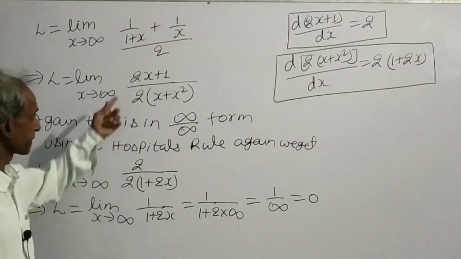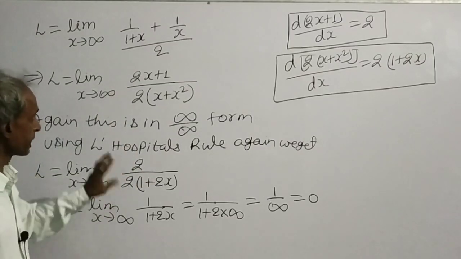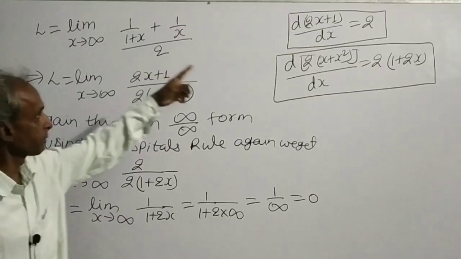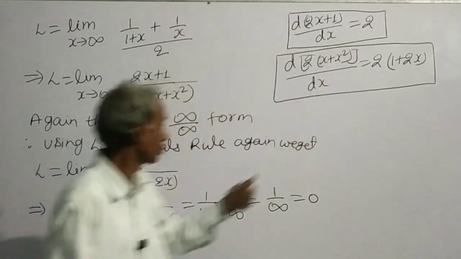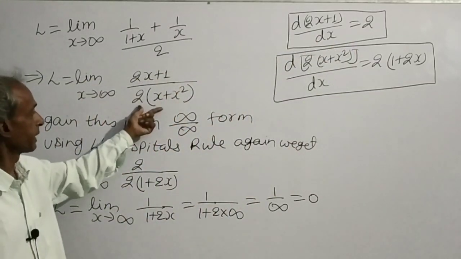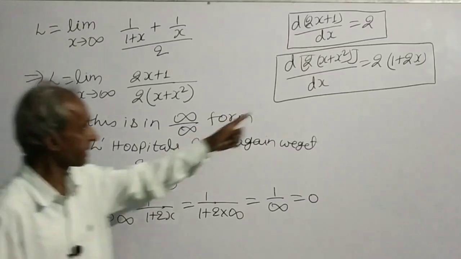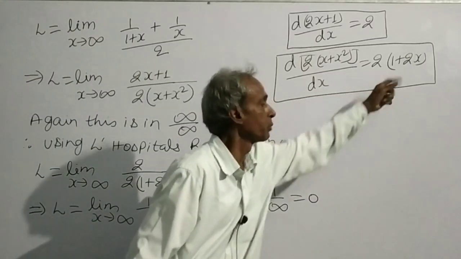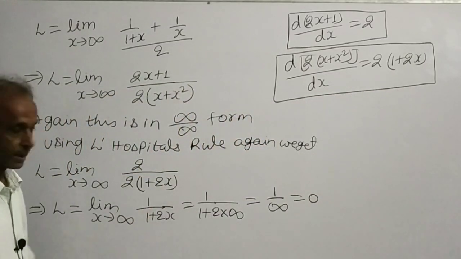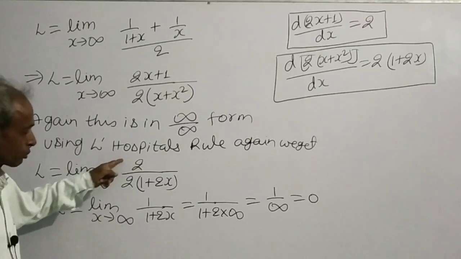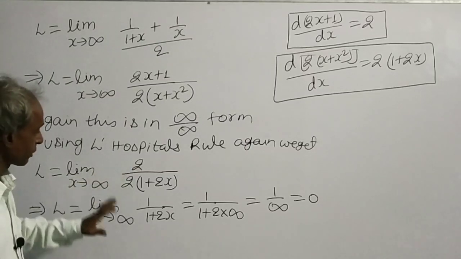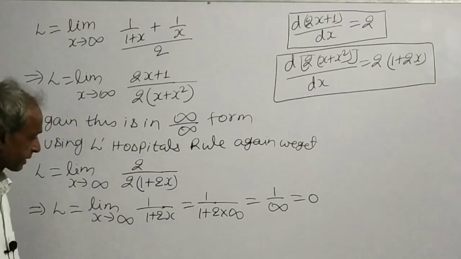Using L'Hospital's rule again, we write derivative of numerator 2 here, derivative of denominator 2 times 1 plus 2x here. Cancelling 2 from numerator and denominator, we get this.